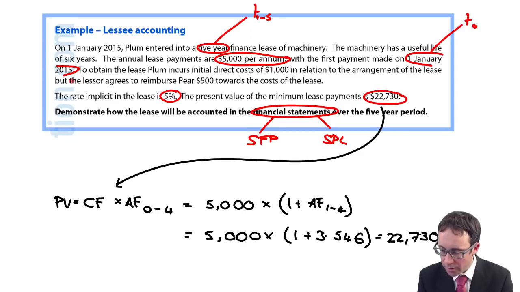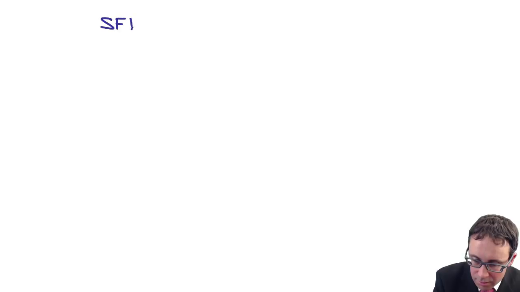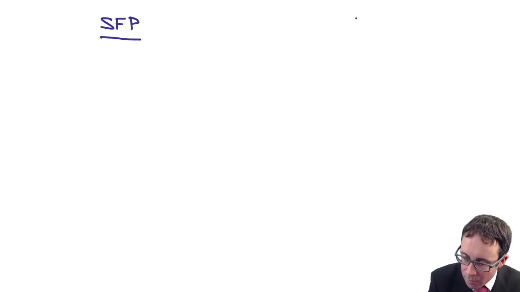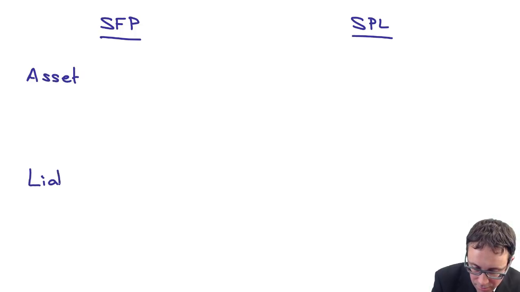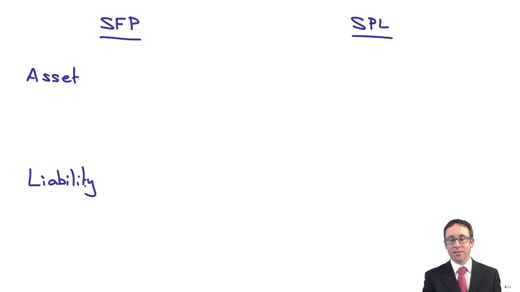So what's going to happen there is that when we look at my statement of financial position, okay, will it be there, my statement of profit or loss? On the statement of financial position, I'm going to have my right of use asset, and then I'm going to have my liability, aren't I?